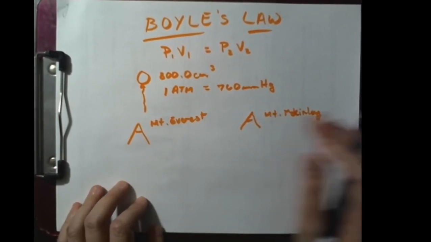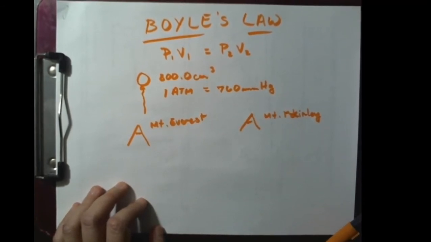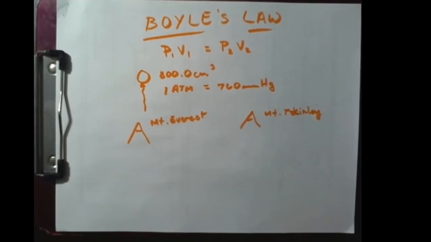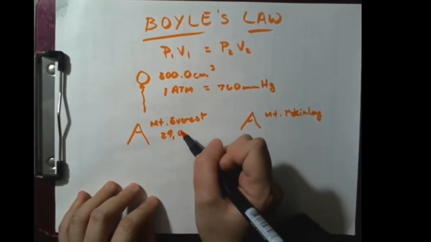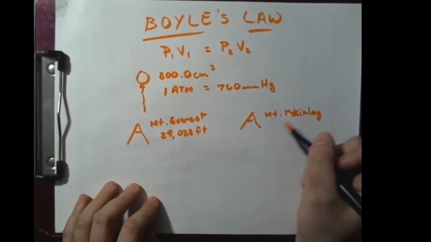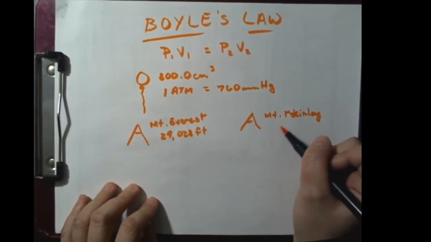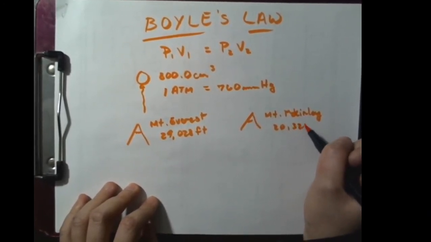Anyways, for our first mountain here, it was, I believe, at 29,028 feet above sea level. And then for Mount McKinley, we have it at 20,320 feet.